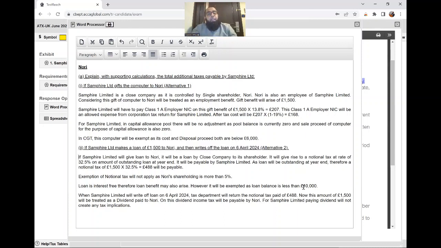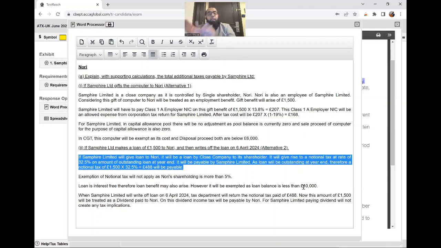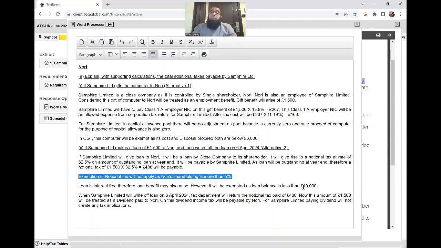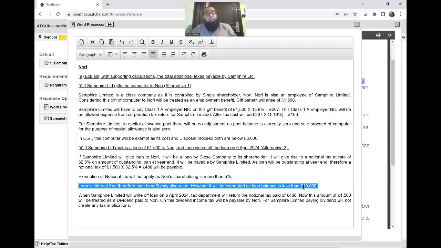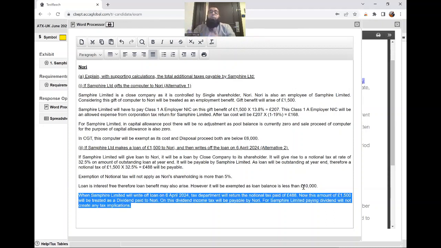So if Sapphire Limited gives a loan to Nuri, it will be a loan by a closed company to its shareholder. It will give rise to notional tax, which is calculated. The exemption of notional tax will not be available as Nuri's holding is more than 5%. The loan is interest free. You have to think about loan benefit, but there is no loan benefit as the loan balance is less than 10,000. Now, when Sapphire Limited writes off this loan, it will become dividend income on which Nuri has to pay income tax.